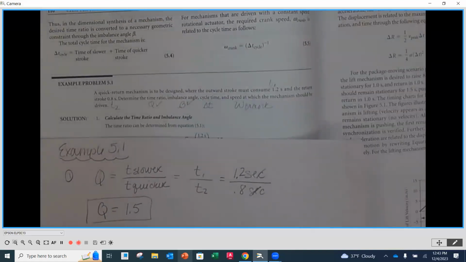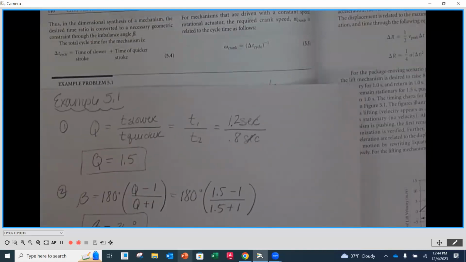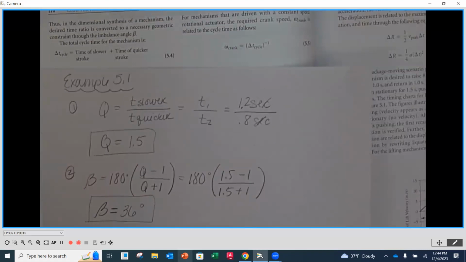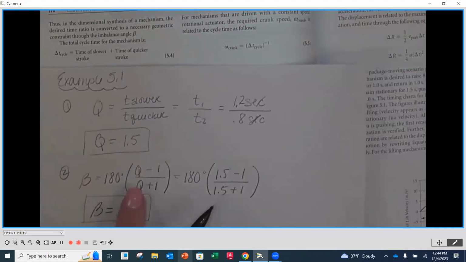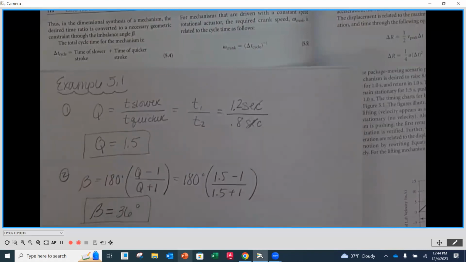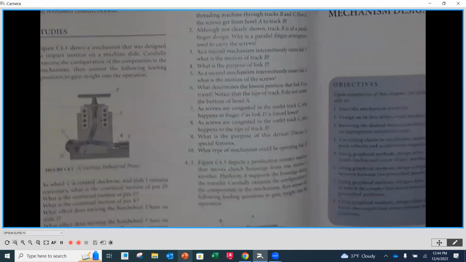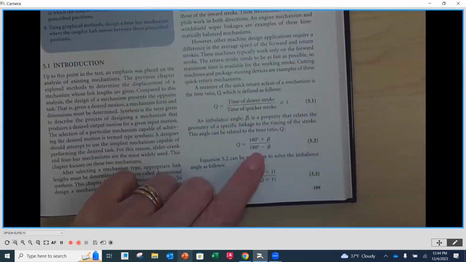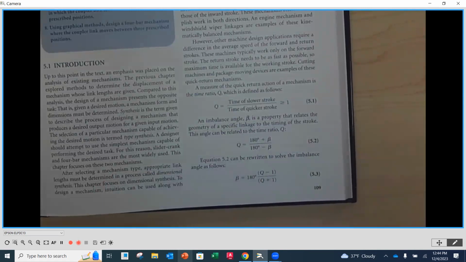I have a Q equals 180 plus beta and then 180 minus beta. Did I just write that in the wrong spot? Or what is that equation for? This one? 5.2. That's to figure out Q a second way.